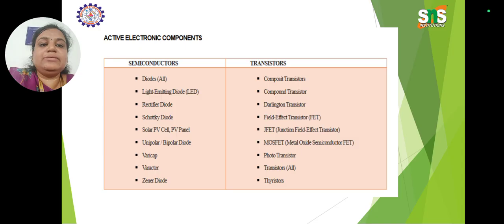Here are the active electronic components: semiconductors and transistors. Diodes include light emitting diodes, rectifier diode, Schottky diode, solar PV cell, PV panel, unipolar and bipolar diode, varicap or varactor, and Zener diode. The transistor types are composite transistor, compound transistor, Darlington transistor, field effect transistor, junction field transistor, MOSFET (metal oxide semiconductor), phototransistor, and thyristors.